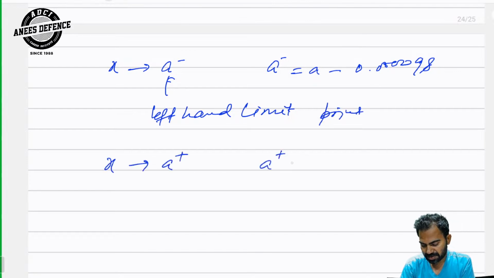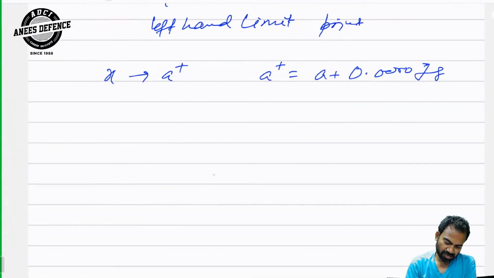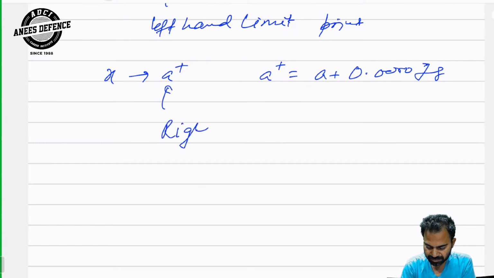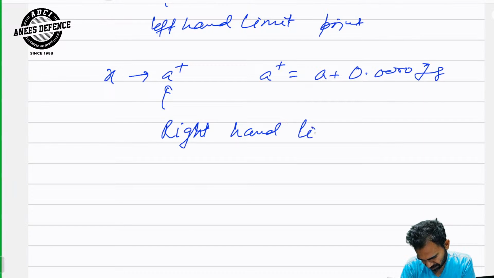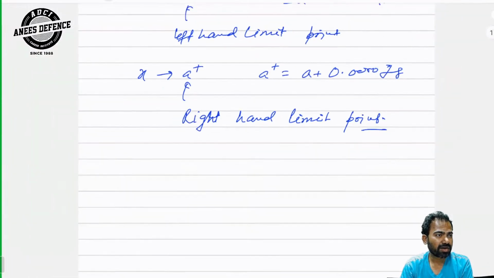A plus means I will add a negligible quantity to A. This is called the right hand limit point.